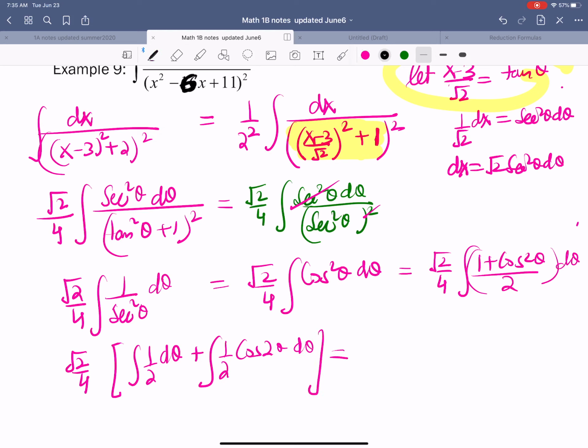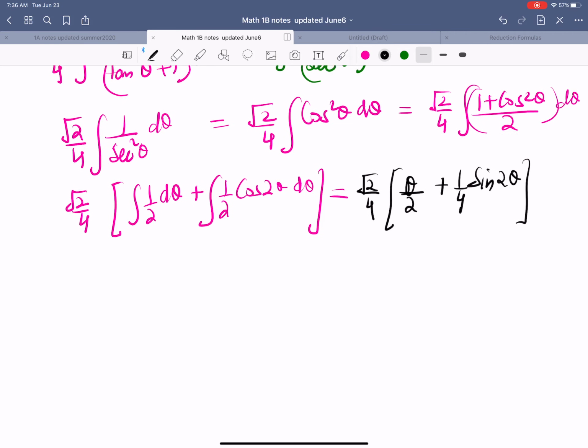And that turns out to be root 2 over 4 is still out in the front. What's integral of 1/2 d theta? It's just theta divided by 2. And for cosine 2 theta, it would be 1/4 sine 2 theta, right.